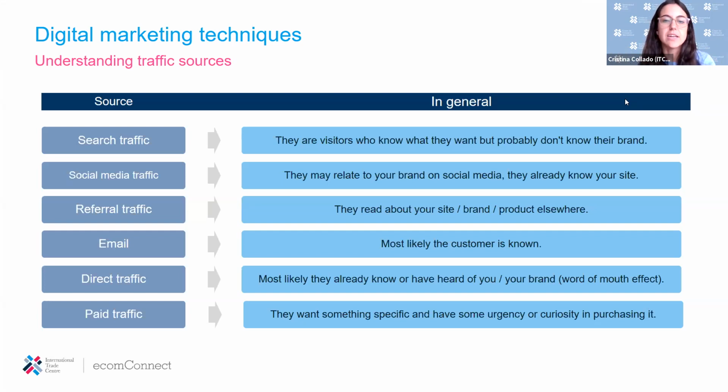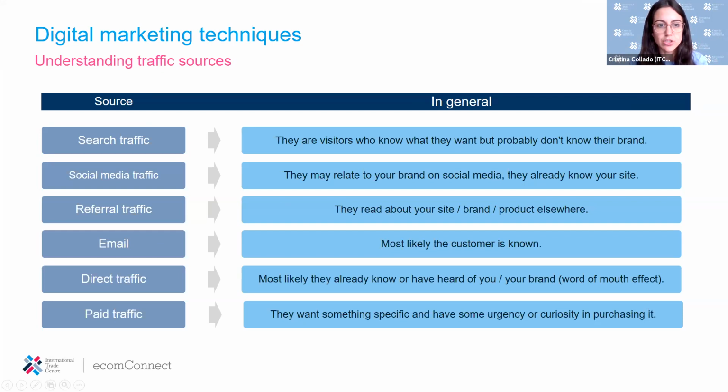Imagine that visitors go to Google. They don't know your brand, but they want to look for, for example, some of you offer digital marketing services. So they type digital marketing service Uganda and they will find you. So it's these visitors that discover your website through search engines.